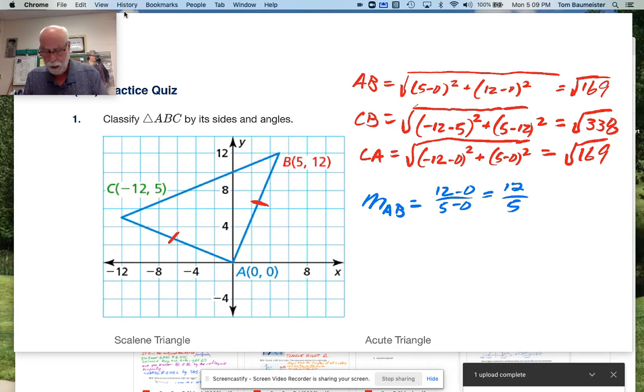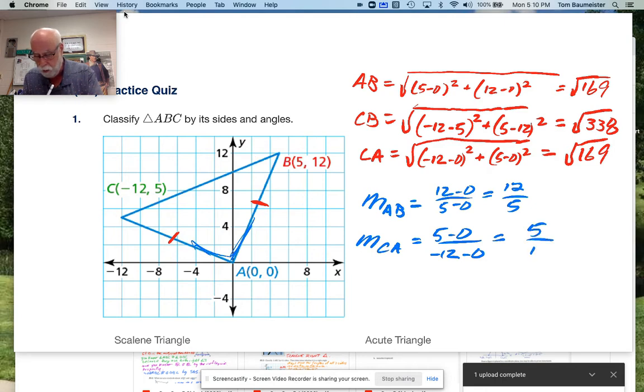Keep it in fraction form for right now and see what happens. So I said that's this one here. So then we're going to look and see this one here. So I'm going to have to find the slope of CA. And if I take the slope of that one, I'll have y2 minus y1, which is 5 minus 0, over negative 12 minus 0, and on that one there, I'll get 5 over negative 12, or negative 5/12.